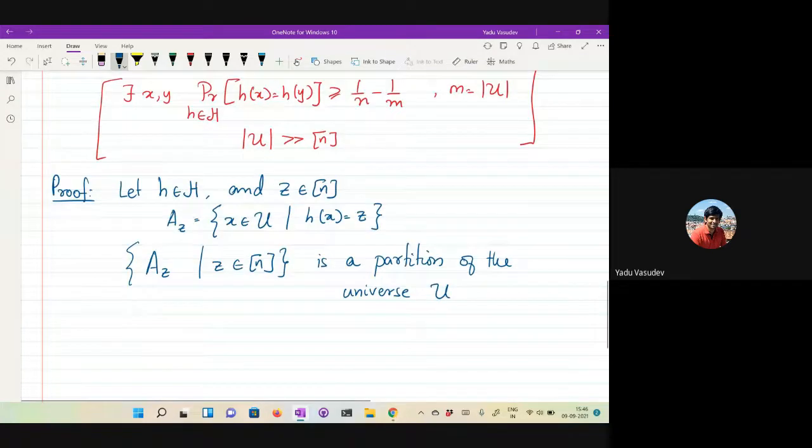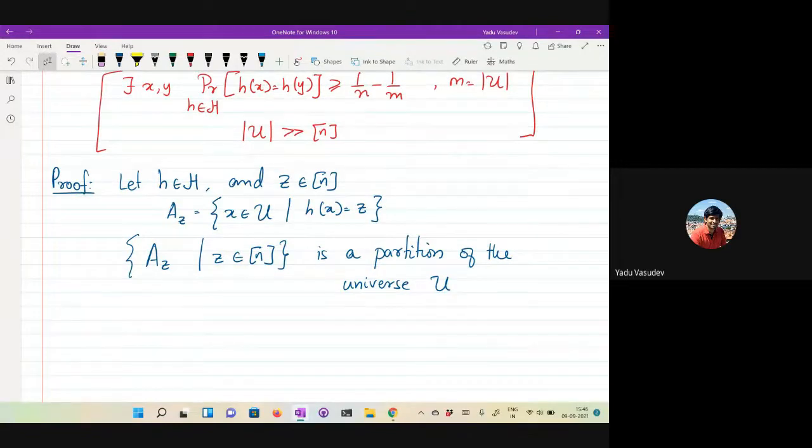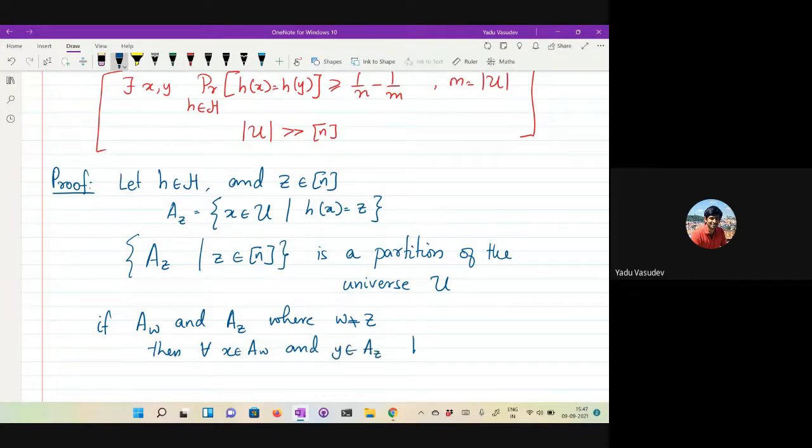Now, what can you say about the set of collisions between two such elements? Notice that if you take A_w and A_z, where w is not equal to z, then for every x in A_w and y in A_z, h(x) is not equal to h(y). There are no collisions.